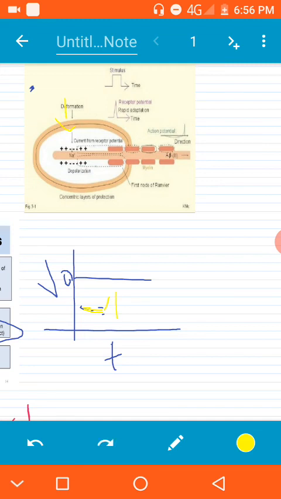Okay, assume this dies down, but before it dies down, I give another stimulus. It will die down subsequently, and before it dies down, I give another stimulus.